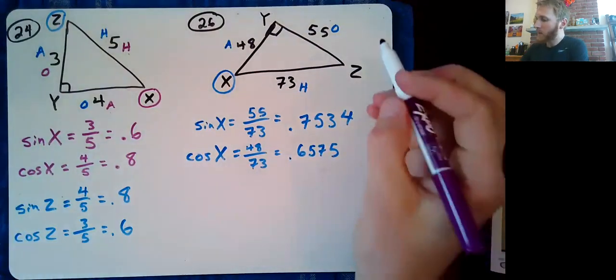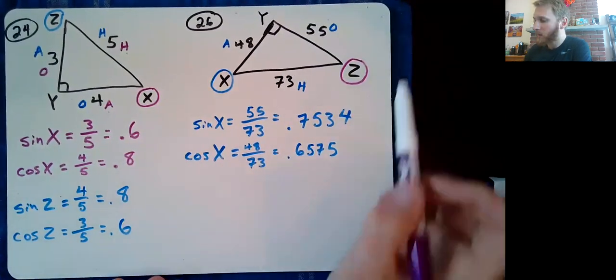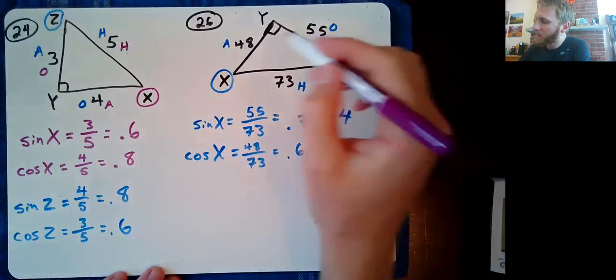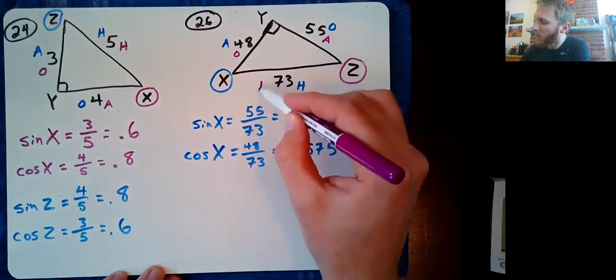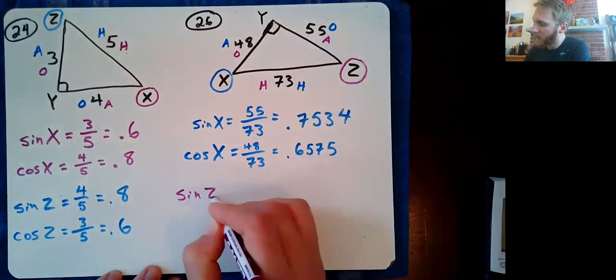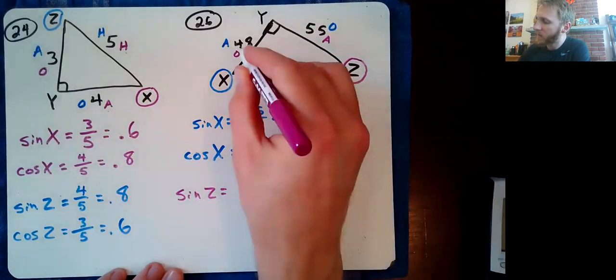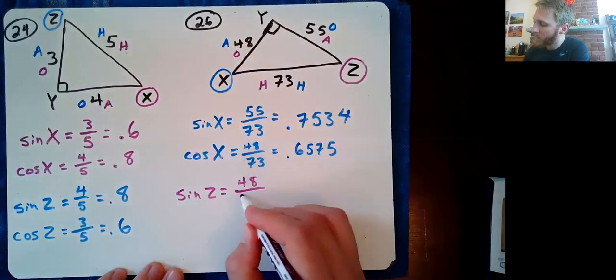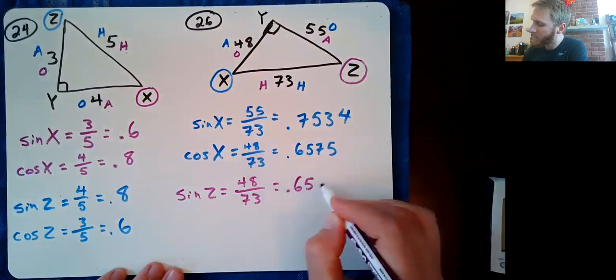Let's talk about angle z now. So again, I'm going to circle it so I get that visualization. It helps me with the colors. Opposite of z is 48. Adjacent is 55. My hypotenuse remains the same. Sine of z is opposite over hypotenuse, 48/73, which is 0.6575.